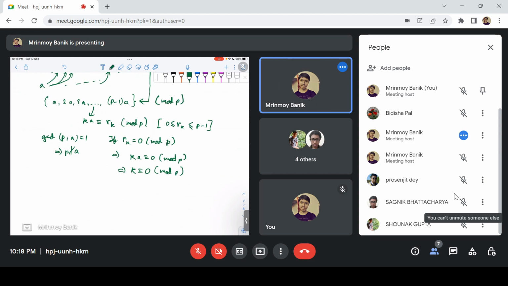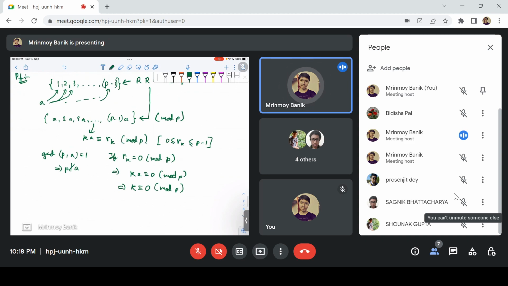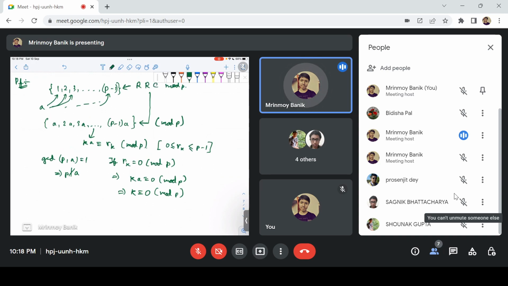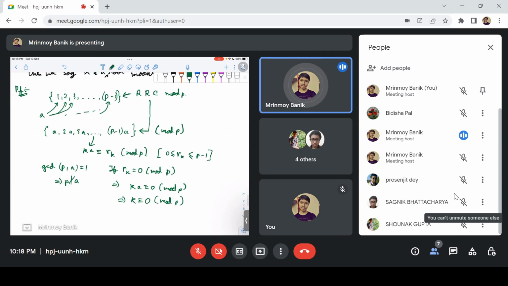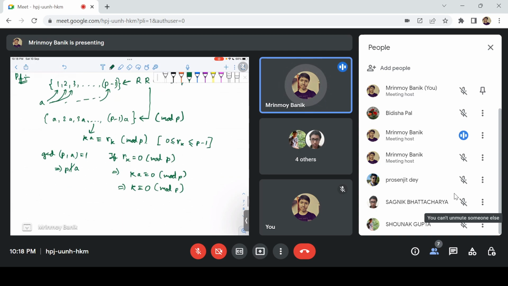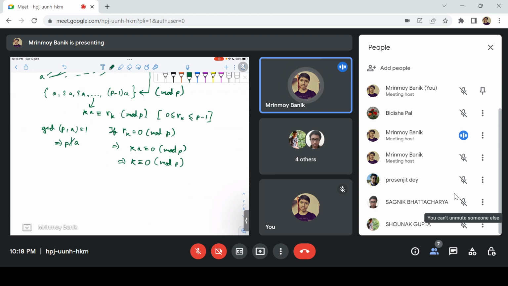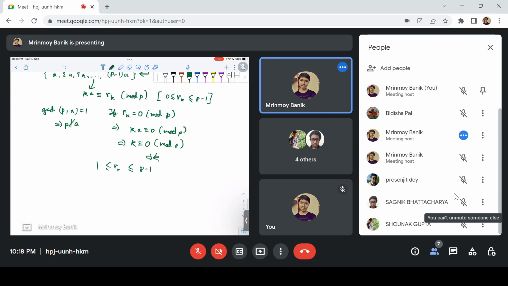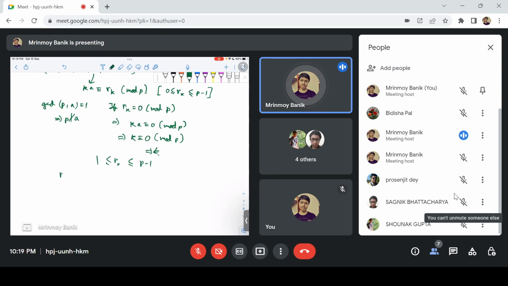And that can't happen, since we have taken the set a, 2a, 3a up till p minus 1 times a, and we haven't taken 0a. We had excluded 0 from our set way before, when we took our reduced residue class of p as our starting set. So this can't happen. So we can modify the inequality of Rk to be something like this, since we have ruled out the case where Rk can be 0.